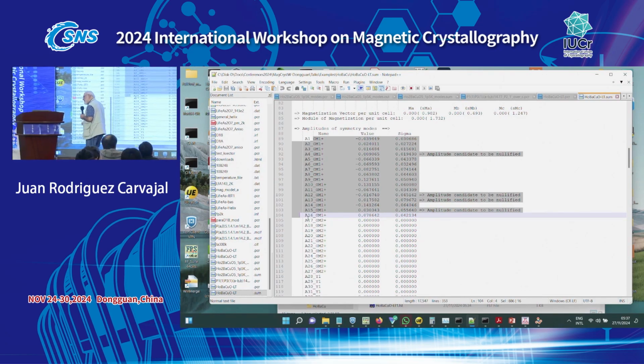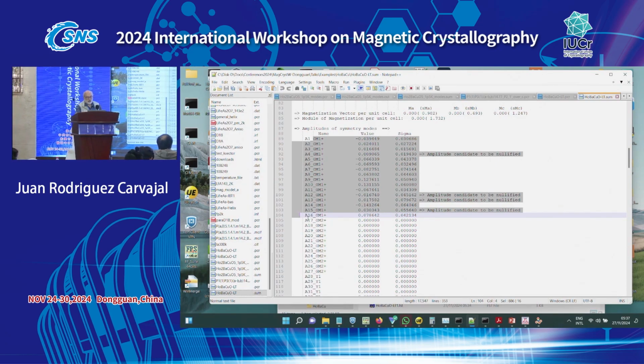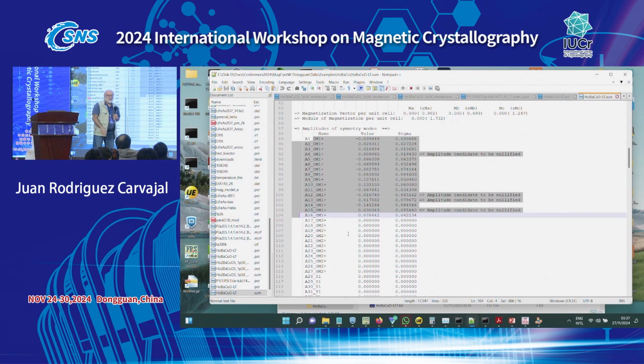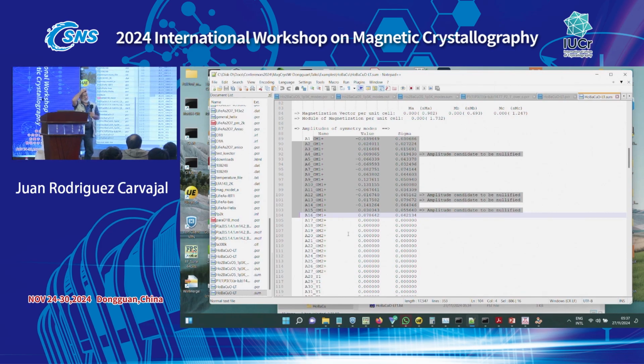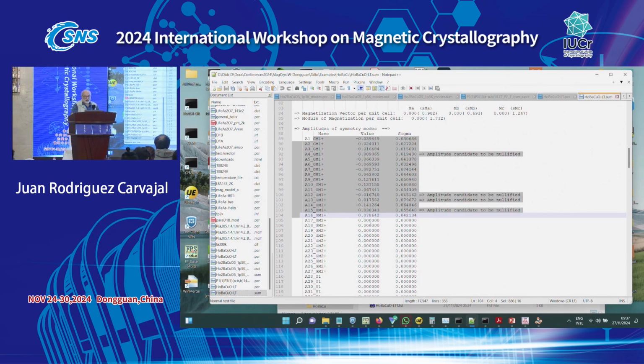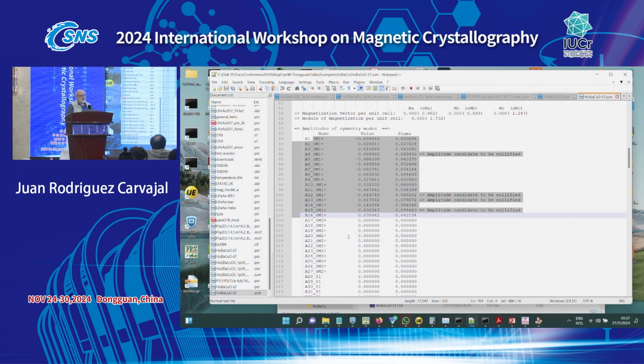Then the different IREPs here, the secondary modes here, I have not enough resolution here for exploring that. If we put that, it's going down. But this is the interesting thing, that you can look for this kind of possibilities using the combination of the magnetic space group with the representations.